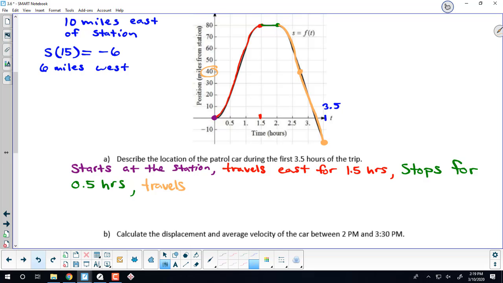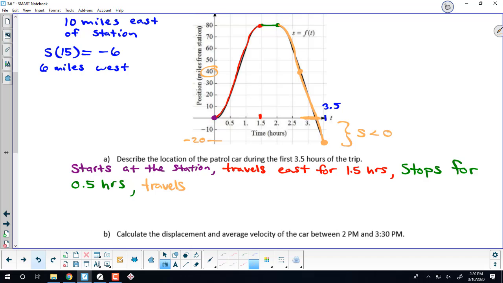And then this orange path here, they're traveling how many miles? 100, right? Because once they reach this place right here, that's back at the station. So that's an 80-mile trip in the opposite direction. But then they continue going, here are negative positions. Then they continue traveling west for another, it looks like these tick marks are 10, so that's -20.